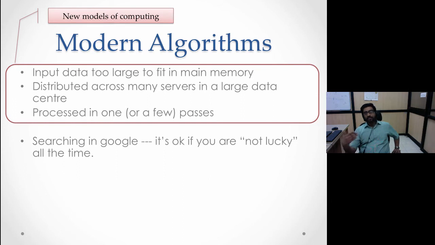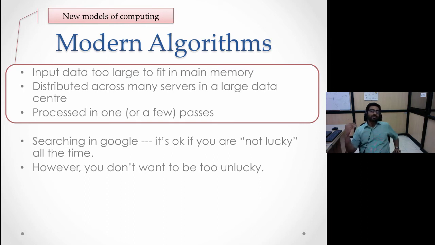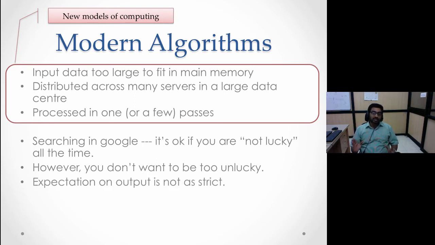But if you're searching for something less prominent, then it's okay to be a little unlucky. Perhaps you don't require it to be the first outcome of your search. But let's say if it's within the first page, you're usually happy. So in other words, your expectation is no longer as strict as before in traditional algorithms.